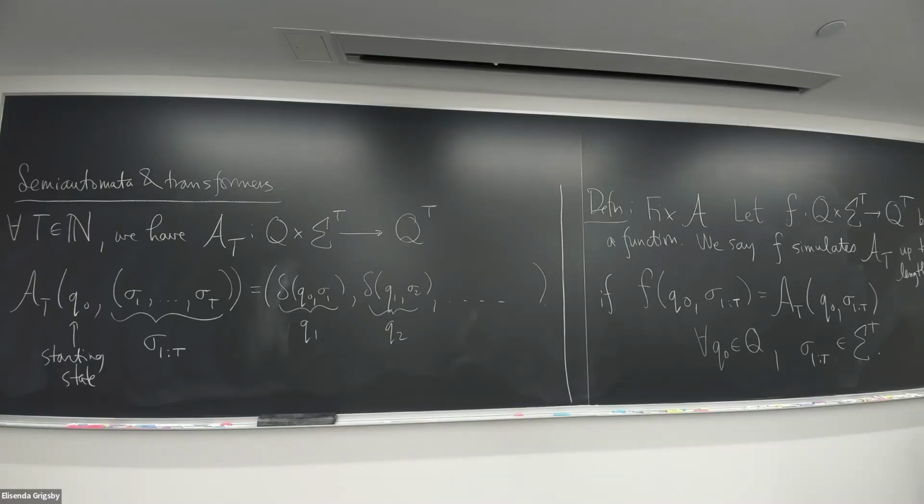The way that this was stated in the paper is actually fixing a Q naught. Yeah, no, I think you're right. If it does it for all Q naught, then you kind of don't need the whole length T string. Is that right?